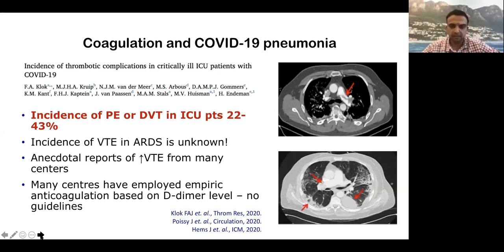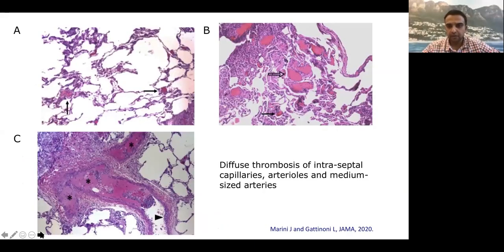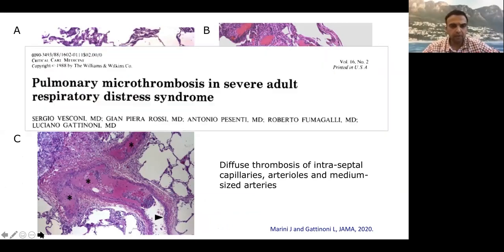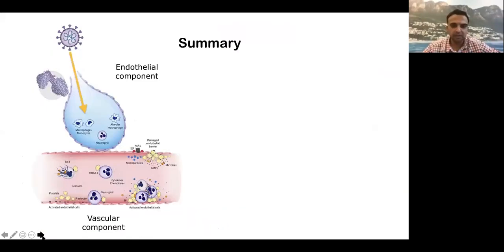This has been the case with 2 of our patients, and you can have diffuse thrombi. But what is interesting is that if you look at the literature, in the 1980s, the standard ARDS already had this. So I'm not sure if this is novel or did we just miss it and now we're looking for it, that's why we're finding it. That's also something we need to remember.